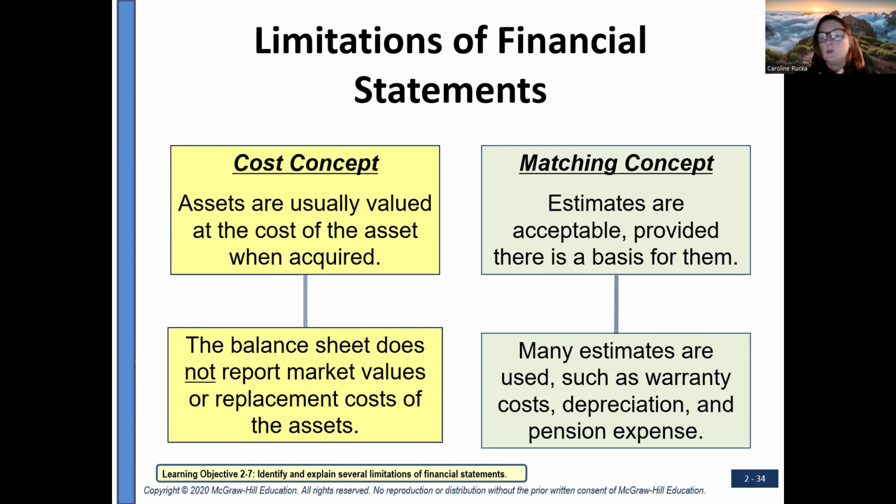Warranty costs. Remember, back when you did basic accounting, we learned about how this is an estimate that's based on prior data. Again, the financial statements don't have to be 100% accurate. You should put some effort into these estimates, but it is understood that they are estimates.